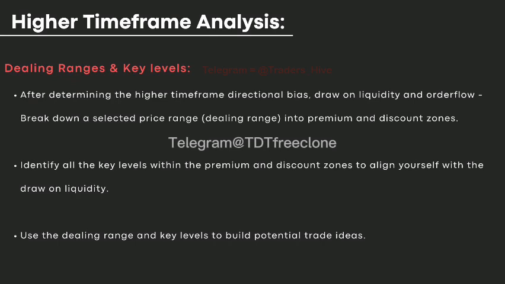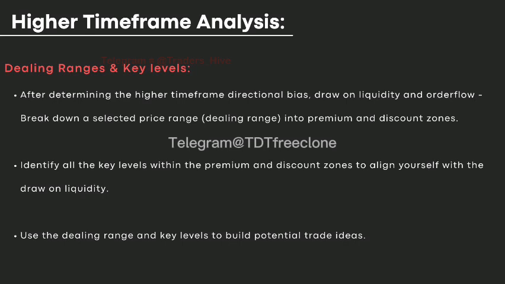Now, let's move over to the next part of analysis where we get into the specifics of price action. After determining the high time frame directional bias, drawn liquidity and order flow, you're going to break down the selected price range, or the dealing range that you are currently dealing with, into premium and discount zones, right?